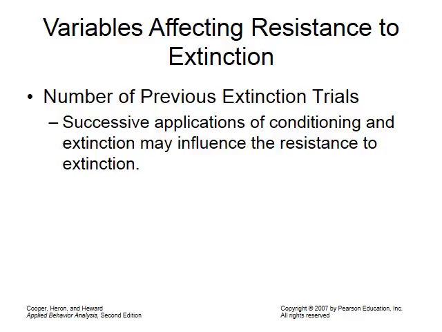Another variable may be the number of previous extinction trials. So successive applications of conditioning and extinction may influence the resistance to extinction. So if this is the first time you're implementing an extinction procedure, the behavior is likely to be more resistant to extinction than if this is the 5th or 6th time you're implementing the extinction procedure.